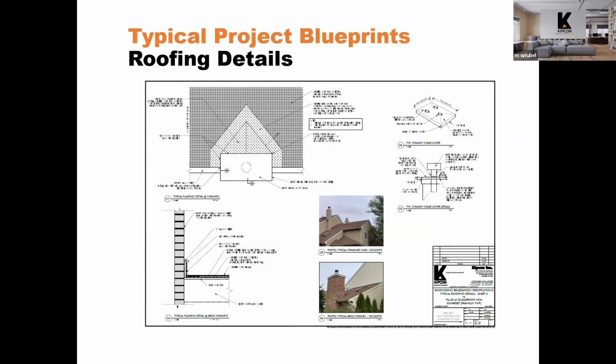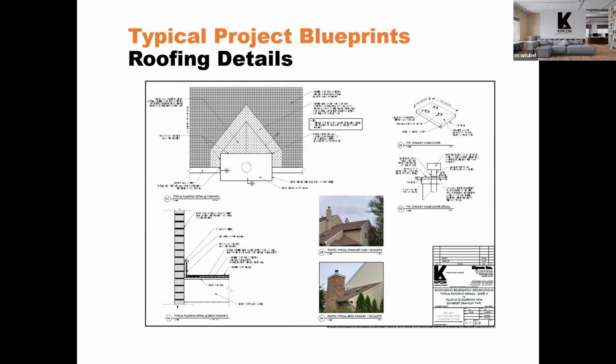This is a detail sheet from a roofing project. In this particular case, the chimney caps were being removed and replaced with a newer material, and this just shows the dimensions of those chimney caps. It shows how the flue is to come up through the chimney chase and through the chimney cap, and how that's to be sealed.